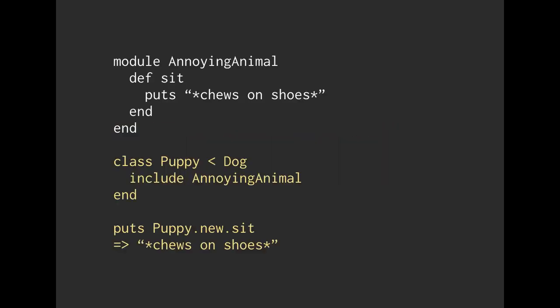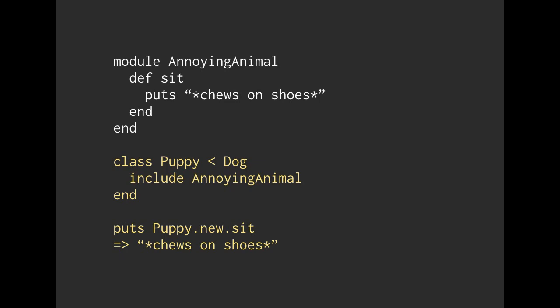Okay, so let's say we're going to start off making a module called annoying animal. And in this module, and it's going to be a module as opposed to a class, when we call the method of sit, then it is going to chew on your shoes. Naturally, it's annoying. It's young. Hasn't learned yet. So if we have our puppy class, we can include annoying animal inside of our puppy class.